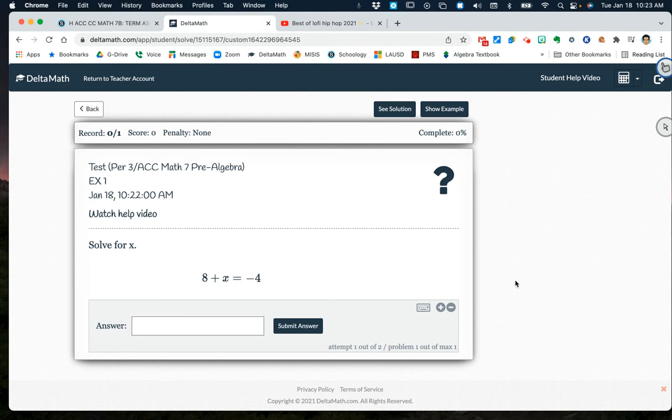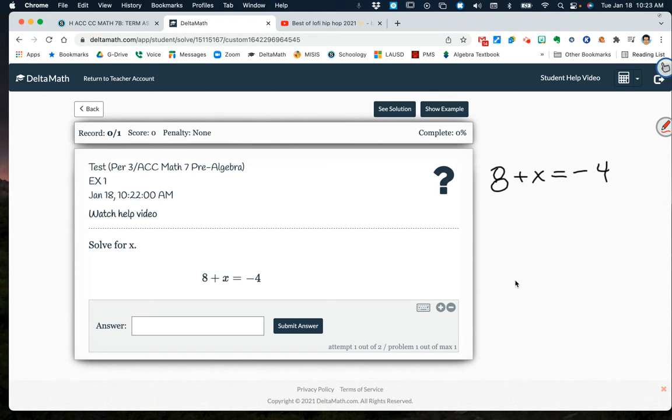So like here, for example, I have 8 plus x. That's what's known as an addition equation. So everyone write down that equation: 8 plus x equals -4. Okay? I want to do an inverse. In other words, some sort of transformation, same step on both sides, that's going to eliminate that 8 so that I isolate x.